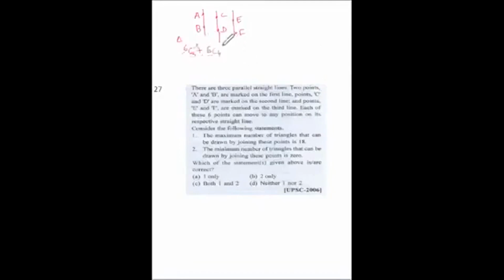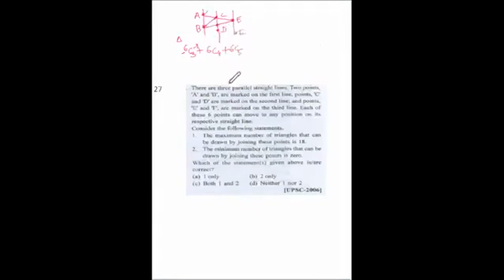If we take 4 points like this, then a triangle. If we take 3 points like 1, 2, 3. If we take 5 points, then we shift this D to here. So 1, 2, 3, 4, 5. Then plus 6C5. If 6th point, that will overlap.